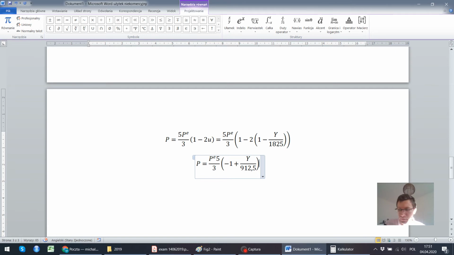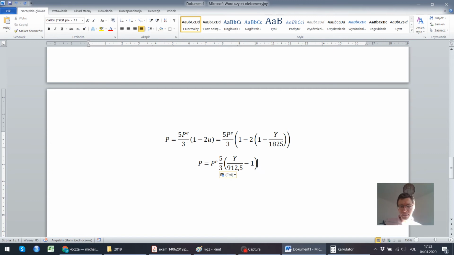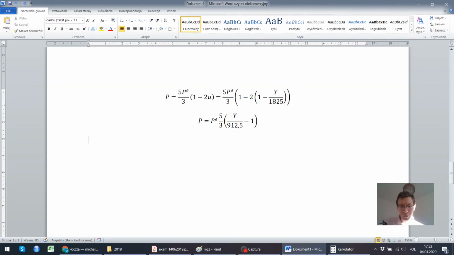Can we do something more with this? Not much. All right, so this is the final equation for our AS curve, aggregate supply curve.